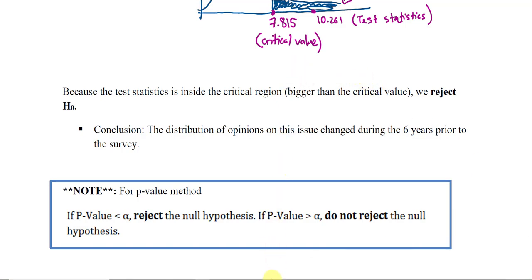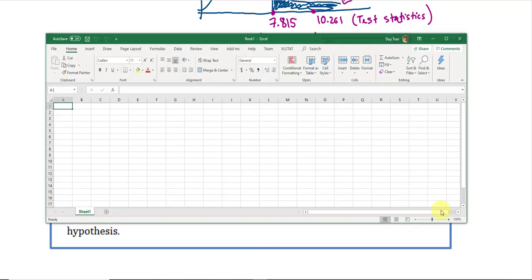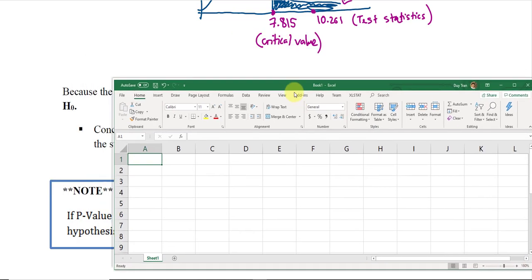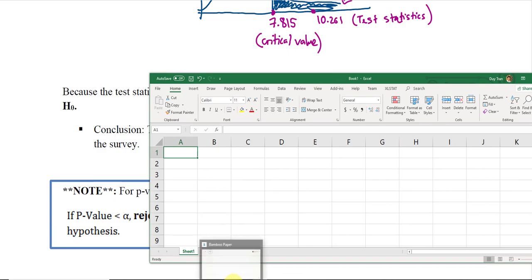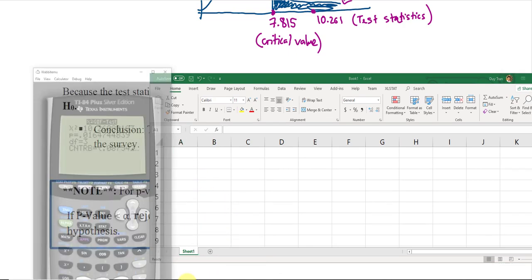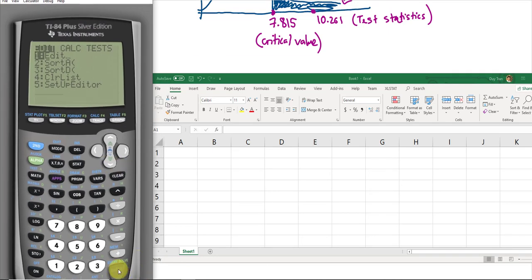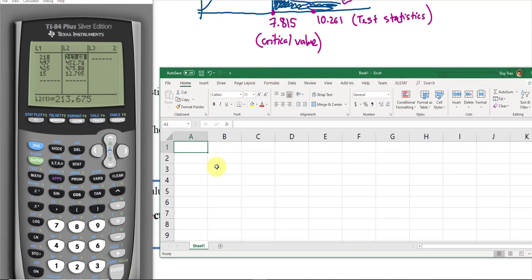Now we can also use Excel to do the testing if you don't have the TI-84. Again, if you are using Excel, we still need the observed values and the expected values that you used in the two columns earlier. So let me put the B column for L1.